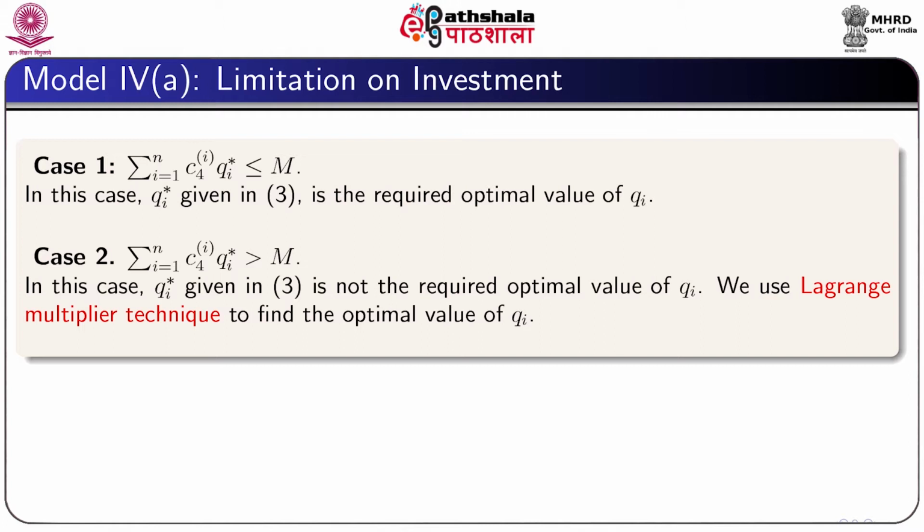In the other case, if summation i equal to 1 up to n of C4i Qi star is greater than M, then Qi star obtained in equation 3 is not the required optimal value of Qi. In this case, we will use Lagrange multiplier technique to find the optimal value of Qi.